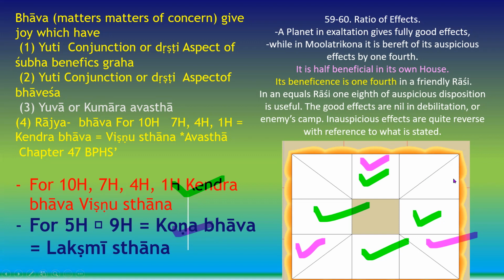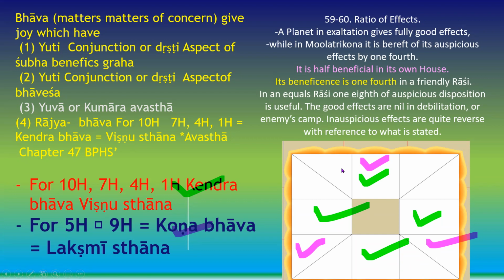And the third thing is the Yuva or Kumar avastha. This is a little bit involved, and we are going to tackle it next time. Avastha means what state the planet is in. Let's say Aries is rising, and your bhavesha for the second house is Venus.